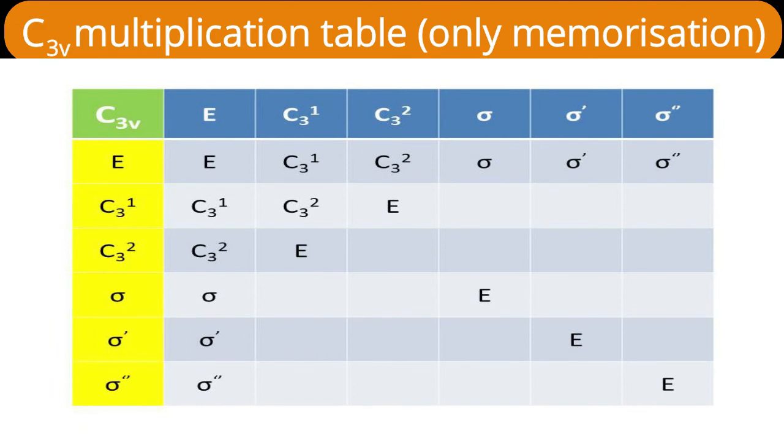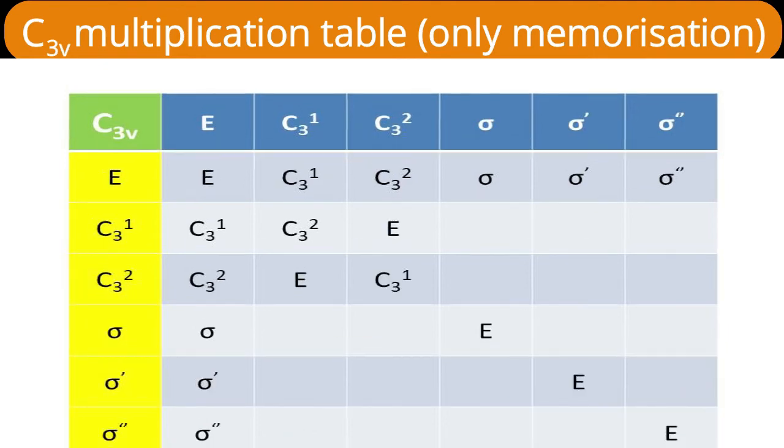C32 and C32. C32 means rotation by 240 degree, and plus 240 degree. Total 480 degree rotation we need to perform. 480 degree means how many extra rotation am I performing after 360 degree? 120 degree. And 120 degree rotation means C31. Therefore, C32 into C32 answer is C31.